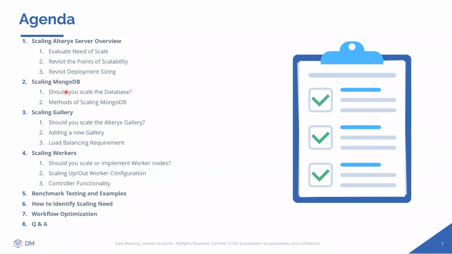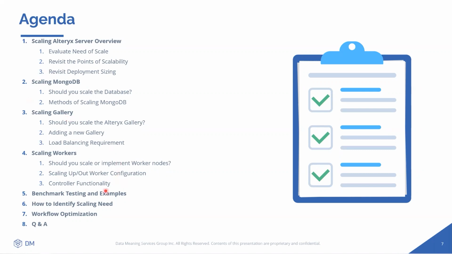This we also saw in our previous session, but we're going to be talking in a more detailed manner about how to scale your MongoDB, when should you scale, and how can you scale, all the methods that you have there for MongoDB, for the gallery, how can you add a new gallery, thinking about the system settings. And that's something that we're going to cover as well in our next session.